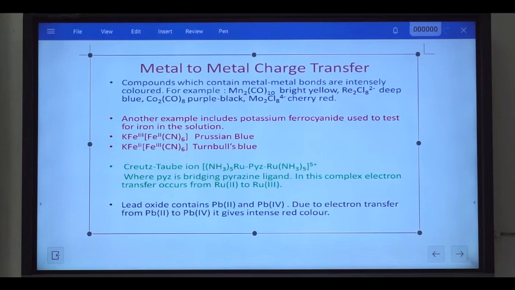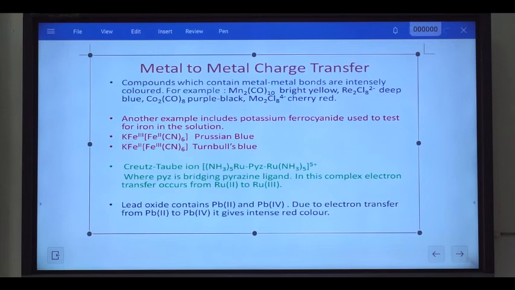The iron atom which lies outside the coordination sphere carries the +3 oxidation state, whereas the iron inside the coordination sphere carries a +2 oxidation state. So here from +3 to +2 charge transfer occurs, that is why the color appears Prussian blue, whereas in case of Fe(II) to Fe(III) transfer, it is Turnbull's blue.